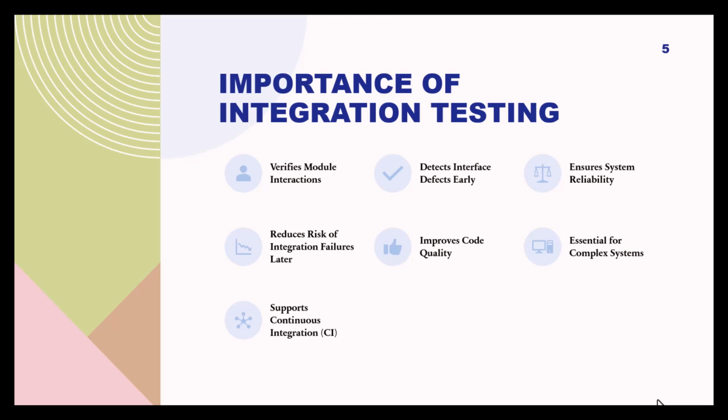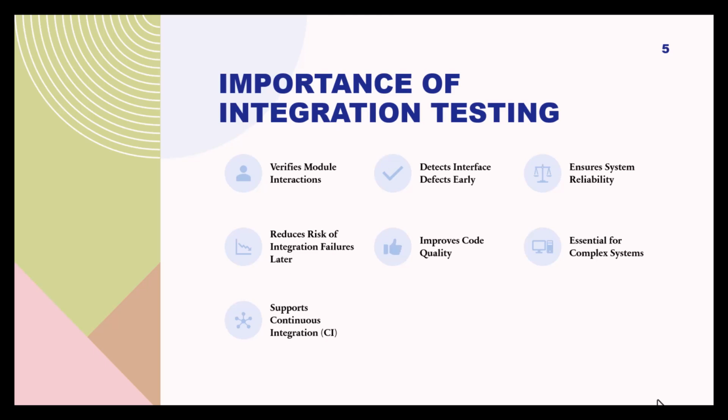Integration testing plays a very critical role, and it ensures overall system reliability by verifying that individual modules will work correctly when they are grouped together. Even if each unit works perfectly on its own, sometimes when you integrate them, the interaction fails.